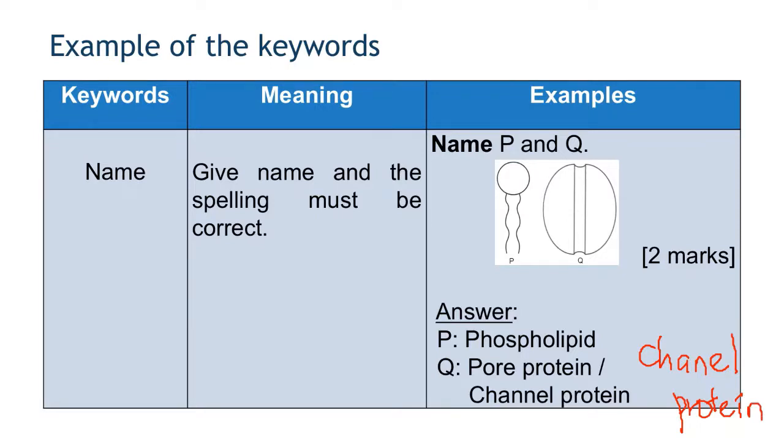Channel protein. So this is the incorrect spelling with other meaning. The pronunciation of channel here actually is Chanel. This refers to another meaning, which is luxury fashion house. So this is an incorrect answer.